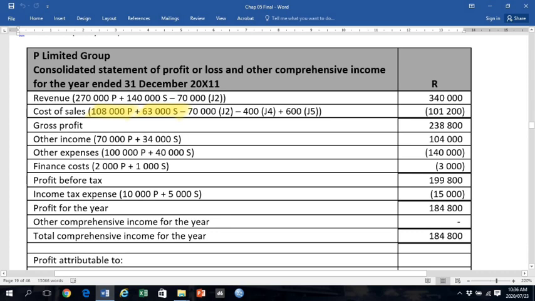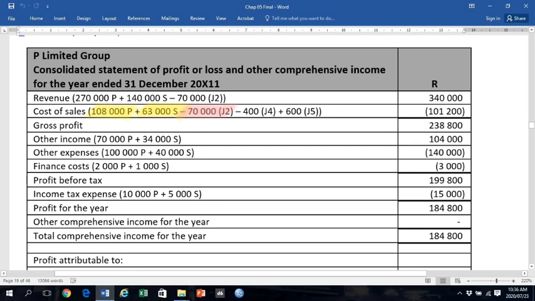During the current year, there were intragroup purchases. We wrote a consolidation journal entry to eliminate the effect of the total intragroup purchases. In Journal 2, we had a credit to cost of sales of 70,000 Rand, and this is the effect of that journal entry. It gets rid of the total intragroup purchases.